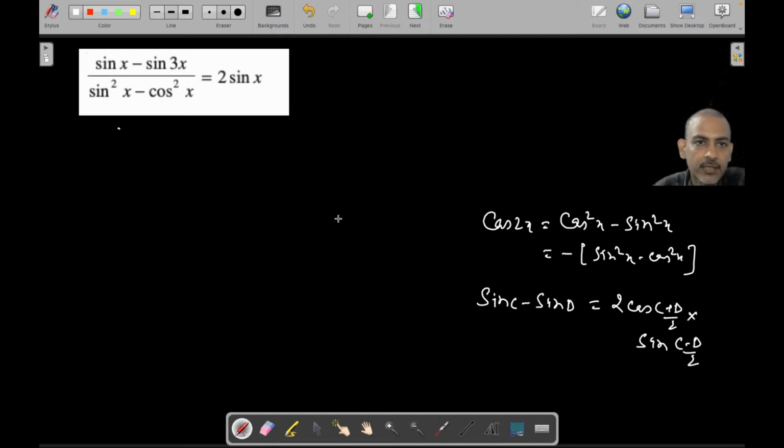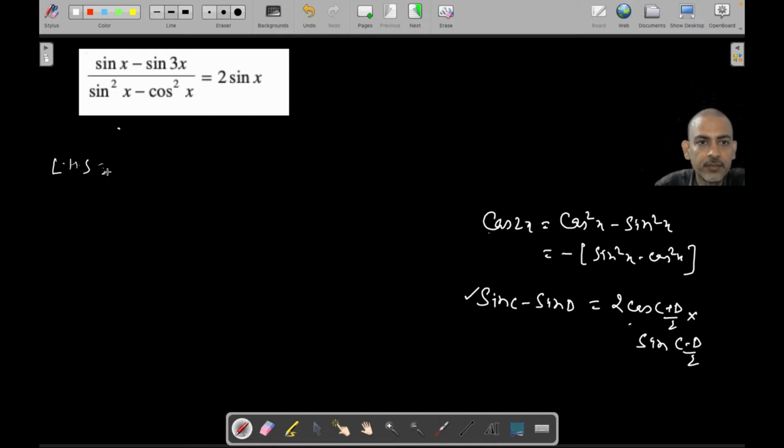So when you look at this one, if you add x and 3x and divide it by 2, this will also come out to be cos 2x, right? So we got to use this formula to solve the numerator, and the denominator has to be solved using this formula. So let's start this problem.